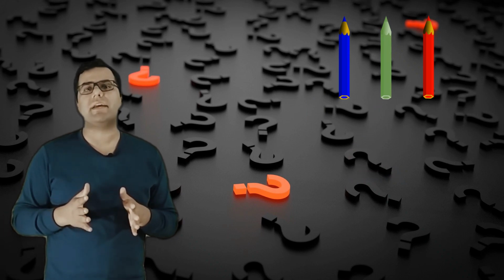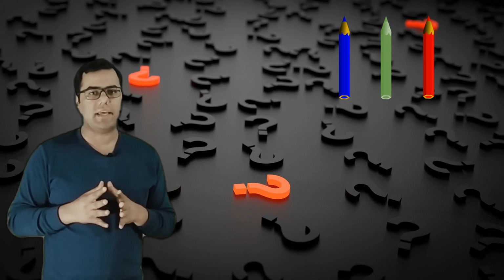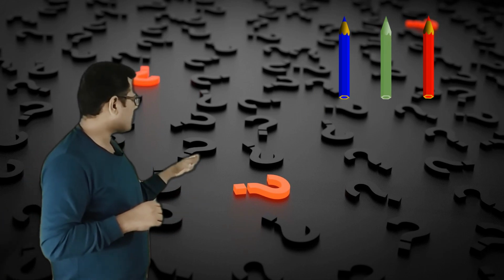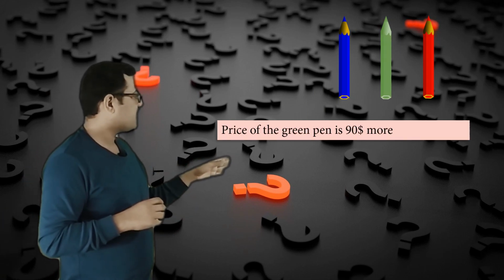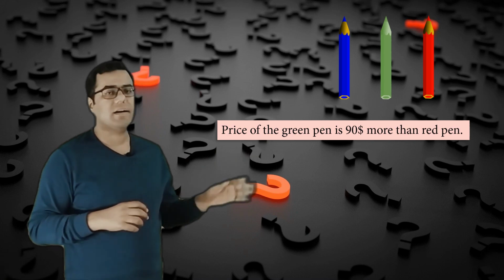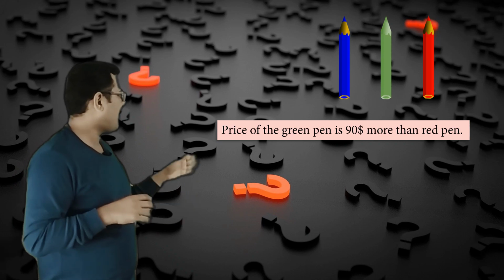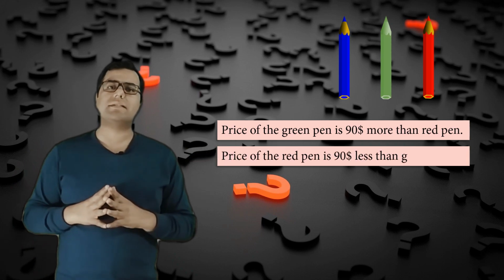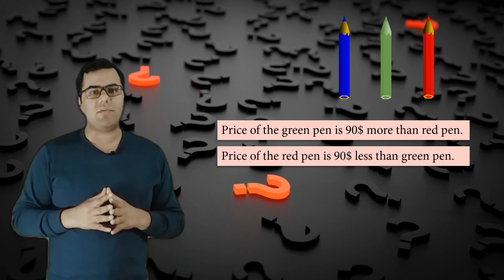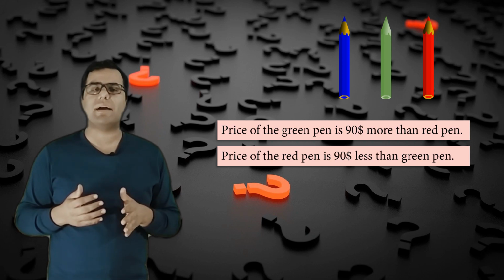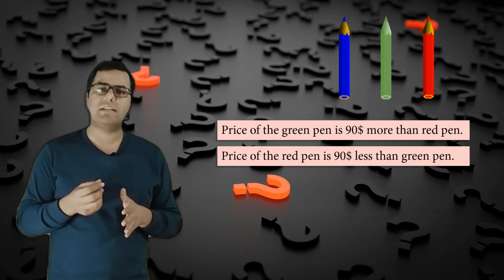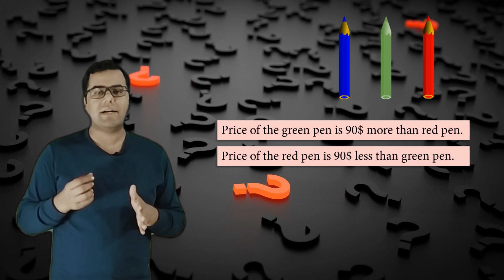Now I want to compare the red pen and the green pen. If I am comparing through difference, I am going to say that the price of the green pen is $90 more than the red pen, or that the price of the red pen is $90 less than the green one. Again, I have compared these two quantities through difference.